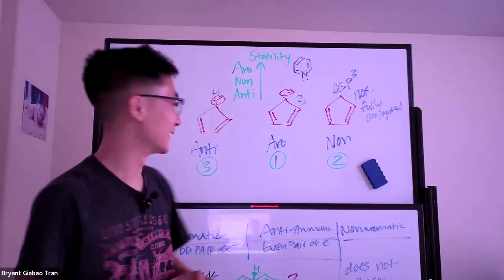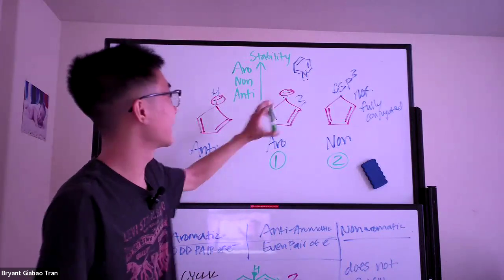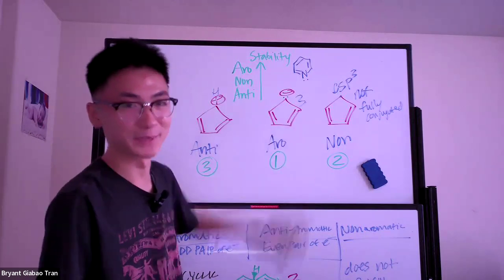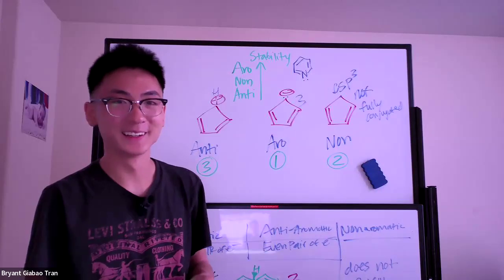I saw that in PChem. That's more for PChem, not OChem. This is all you need to know. I'm not too sure why non is more stable than anti. I just know it is, but that's more of a PChem reasoning thing. For me, I don't even try to learn the PChem stuff. I just skip it and try to get the other stuff right.